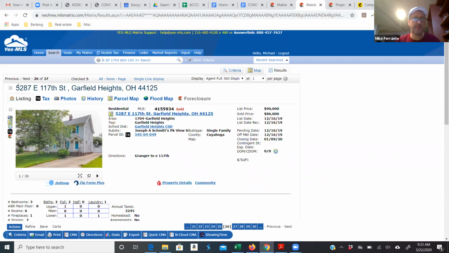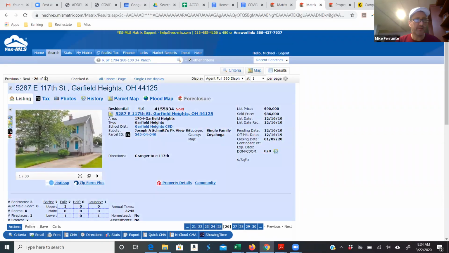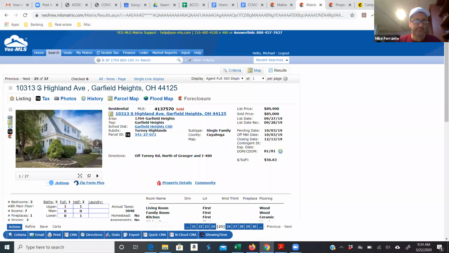This is a great comp, and that's what we were telling our seller: hey man, you could probably be mid to low 70s for an owner occupant sale. But remember, he's going to get $1,000 a month for that house, or 900 a month, and he doesn't want to really do any work. This one has a newer roof, that's why I'm thinking 50, 52 a foot is probably a good range for our house. Now, getting back to rentals.